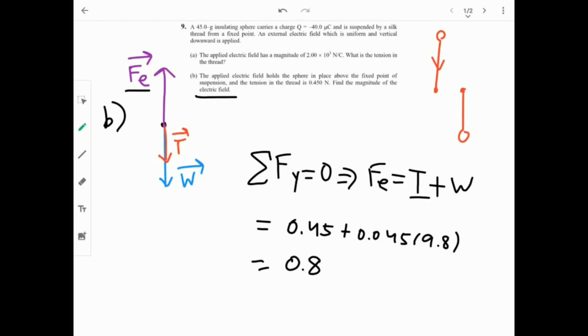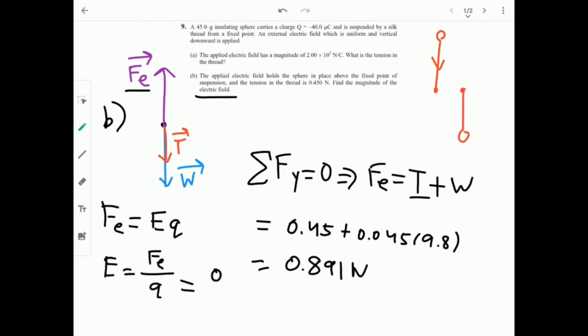Is this the answer? It's not. We're looking for the electric field. Now if the electric force is equal to the electric field times the charge, then isn't the electric field equal to the force over the charge? It is, right? So 0.891 over the charge, which is 40 times 10 to the power of minus 6.